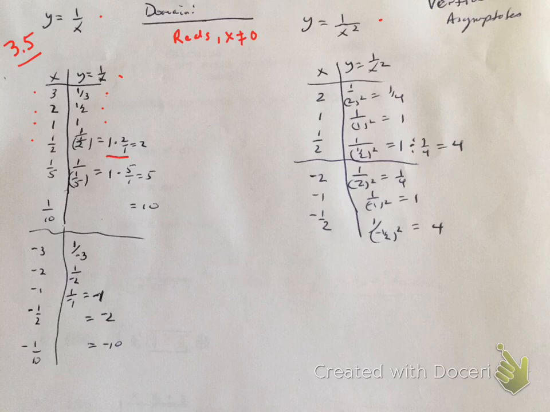And so 1 divided by 1/2 is going to work out to be a 2. So 1 divided by 1/5 is going to work out to be a 5. And then 1 divided by 1/10 is going to work out to be 1 times 10 over 1, and that's going to give you your 10. So the same thing will happen with the negatives. You put a -3 in there and you get a -1/3.